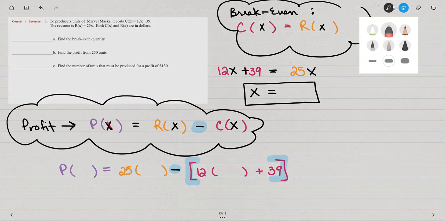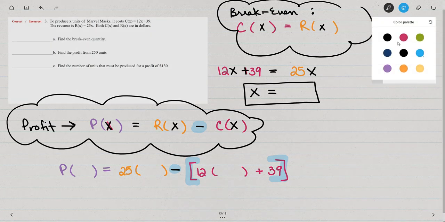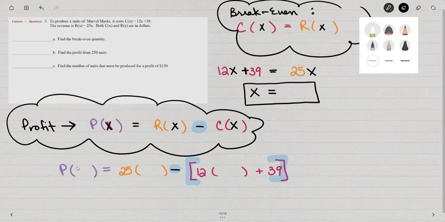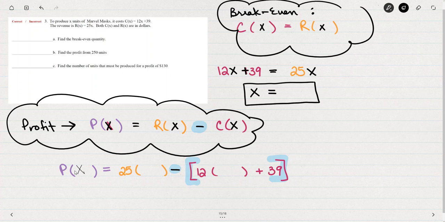Here's what this would look like if I replaced the parentheses with an x. The profit of x items is equal to $25 times however many items we've sold minus the cost.